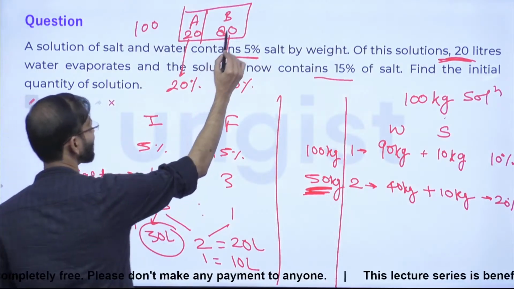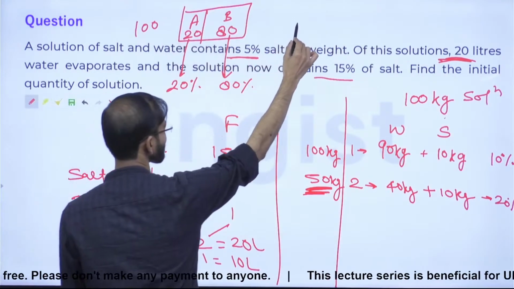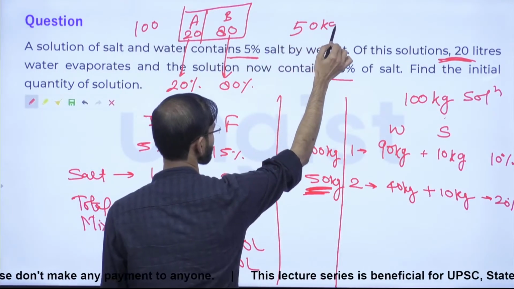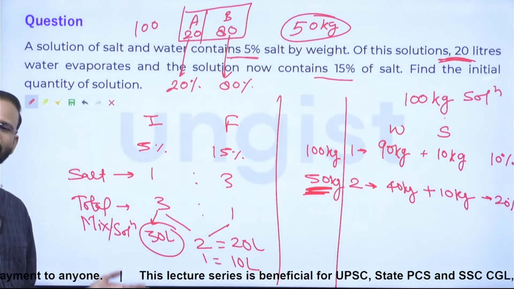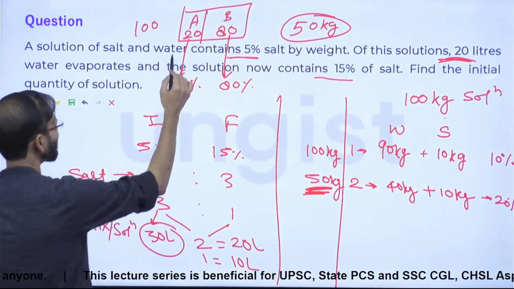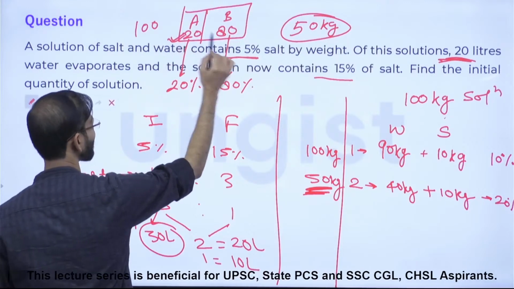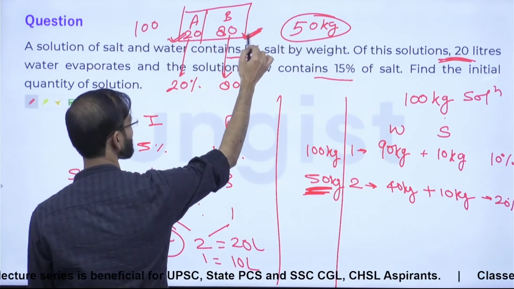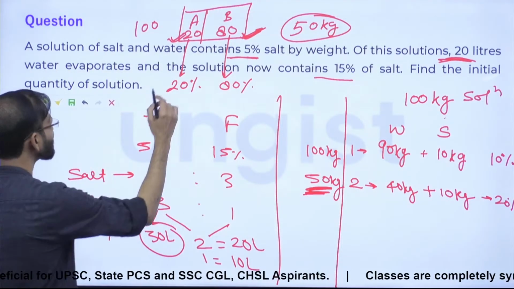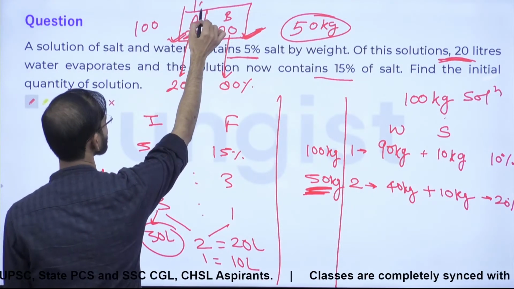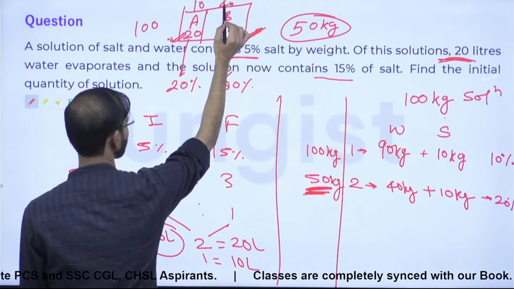Now suppose that 50 students from this class are going to some other class. Let's say 10 students from here are leaving and 40 students from here are leaving. So now 10 students are left and 40 students are left.